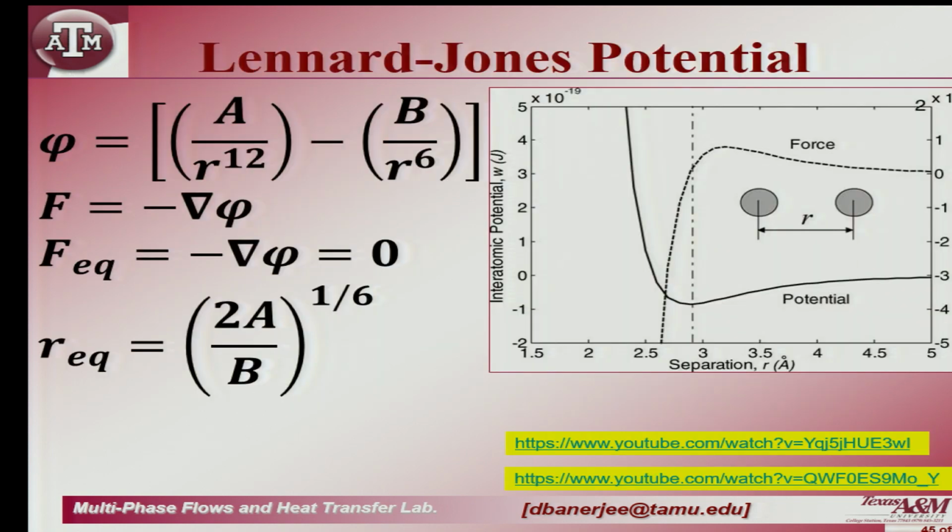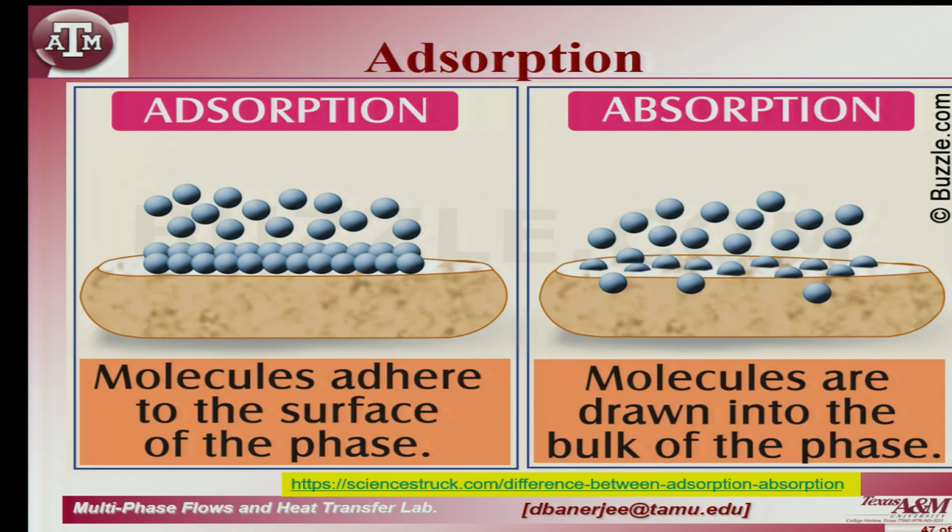So just to recap, you have the Lennard-Jones potential. When two molecules approach each other, they have an equilibrium spacing between them given by this, and what that means is it creates a surface adsorption on a solid surface. In other words, when I have a solid surface and liquid or vapor on top of it, a part of the fluid molecules get adsorbed on the surface and form a higher density layer.